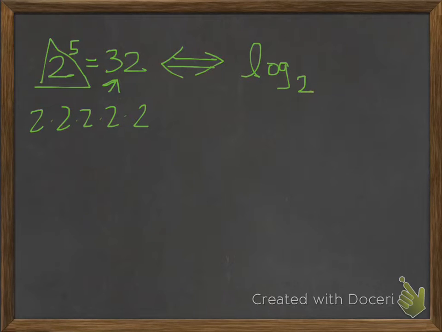So log base 2 of 32 is, and what we ask ourselves is, what power do I raise 2 to get 32? And as you can see from the exponential expression before, that would be 5. So that means that 2 to the 5th power is 32. So logarithmic functions and exponential functions are inverses of one another. They just kind of undo each other.